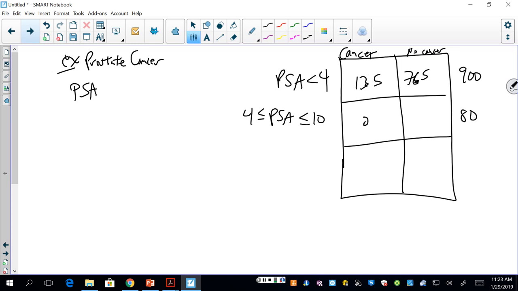And maybe it's 20 and 60, and if PSA levels are really elevated, which happens less often, you might have more of an even split, so 165 and 815. 835, sorry, 835 if you had 1,000 people.